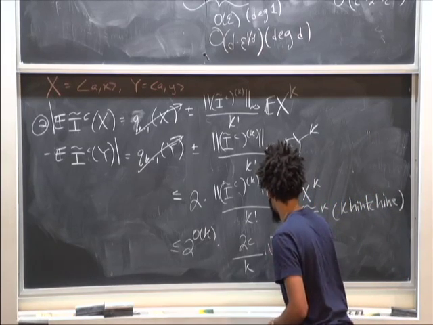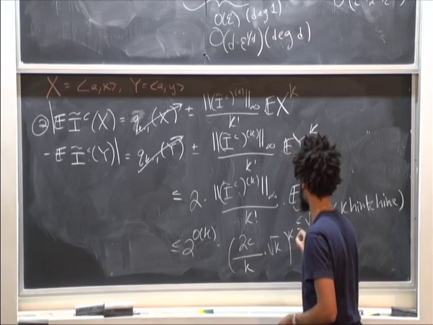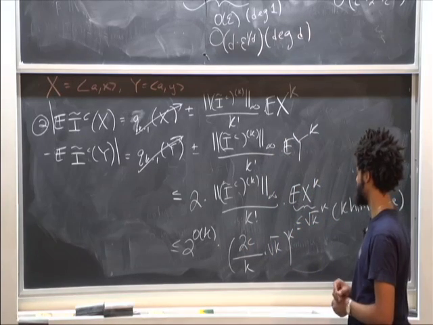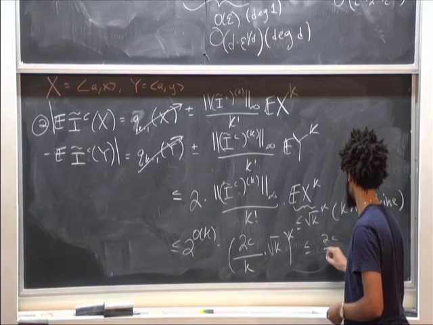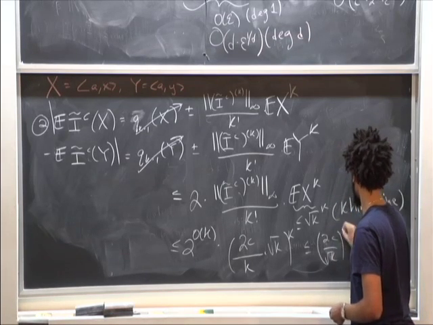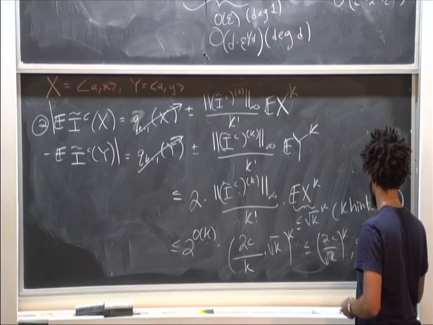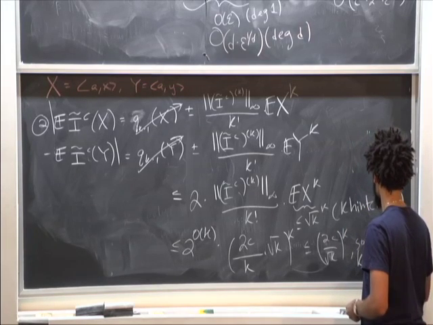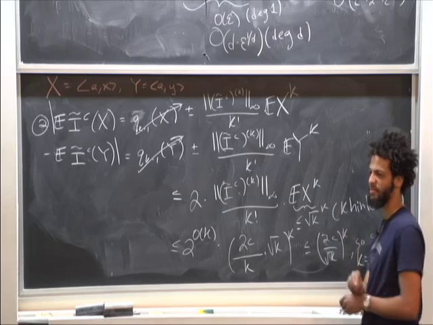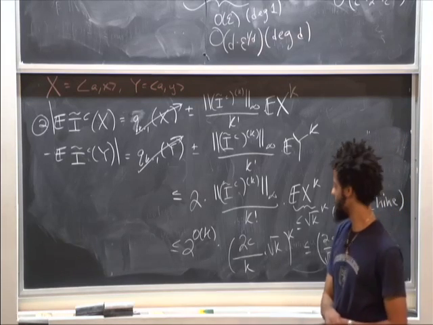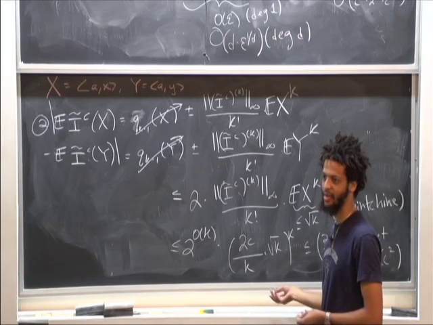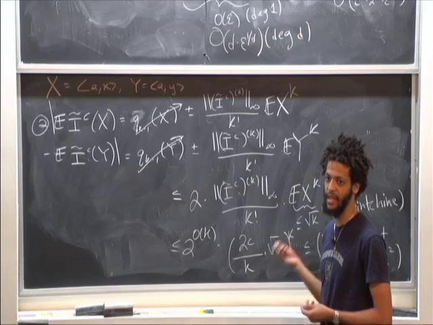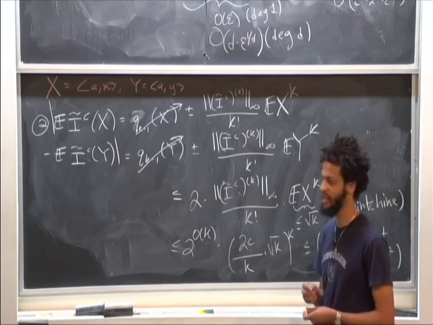Times root k, all to the k. So that's at most 2c over root k to the k. So set k to be something like c squared. Okay. So the key here was that this decays as k increases. So I can set k to make this as small as I want.